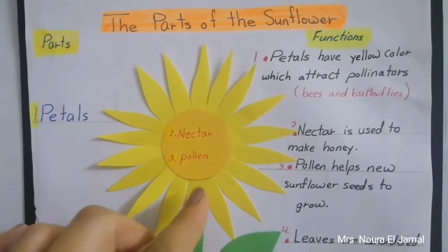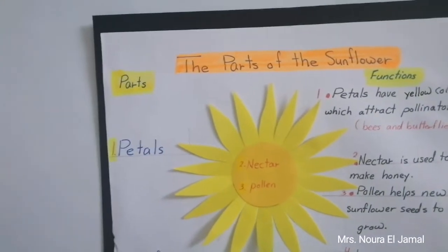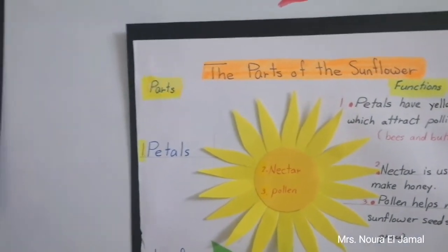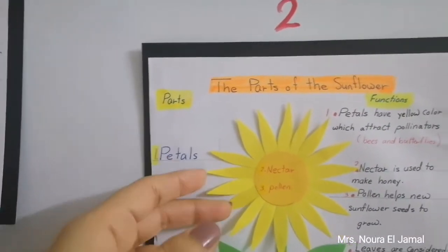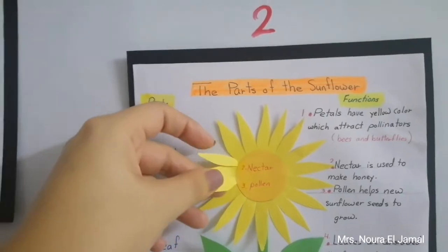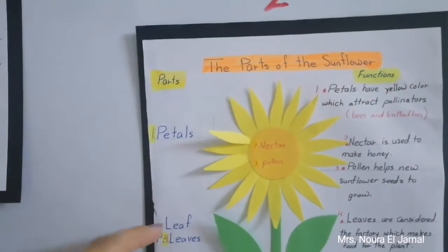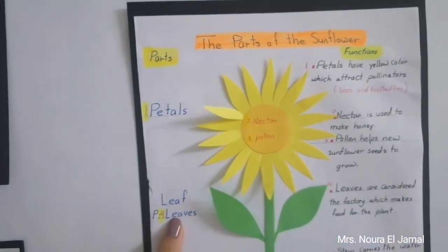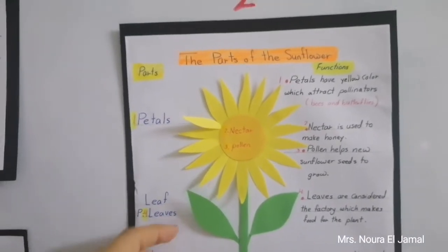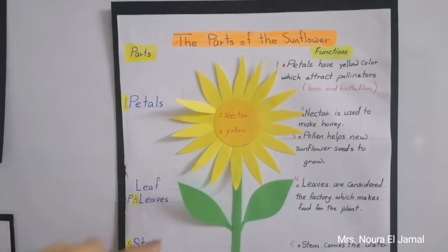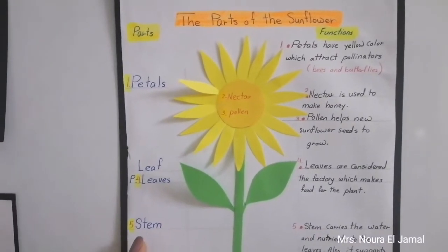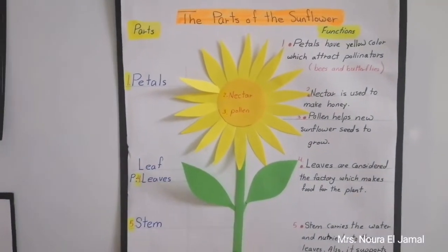Okay? So let's see the parts of the sunflower again. Petals, these are the petals. Leaves, these are the leaves. This one and that one. Stem, this is the stem.